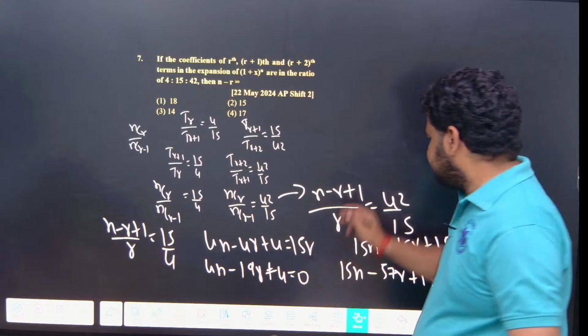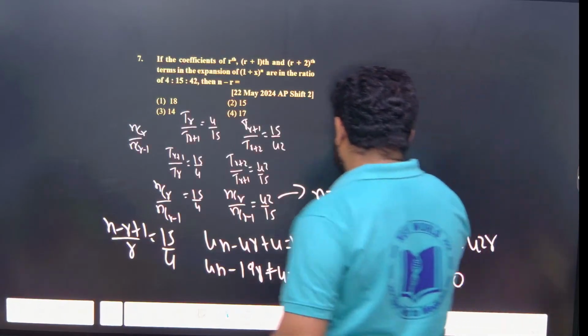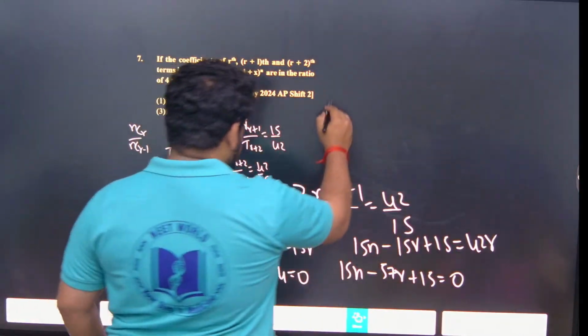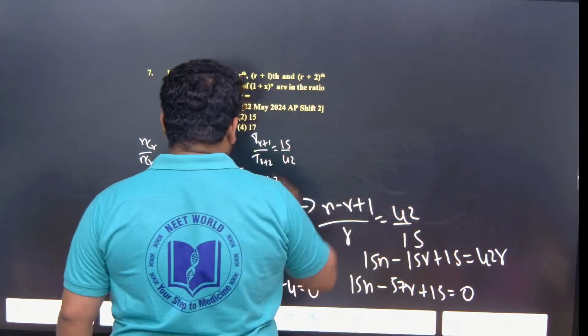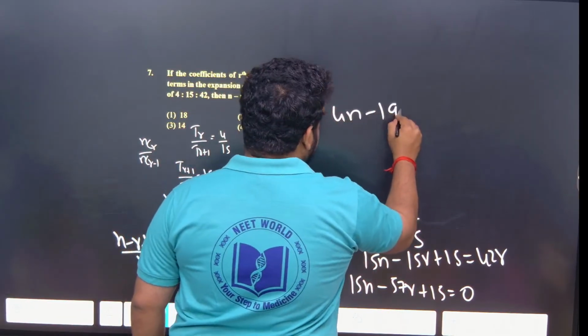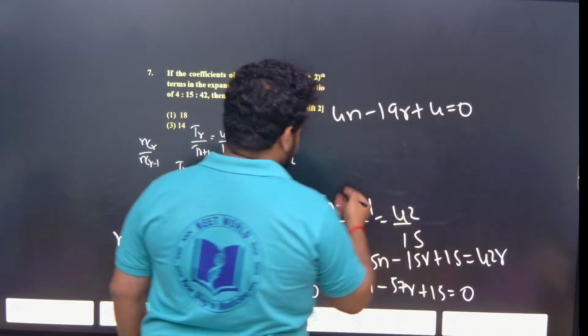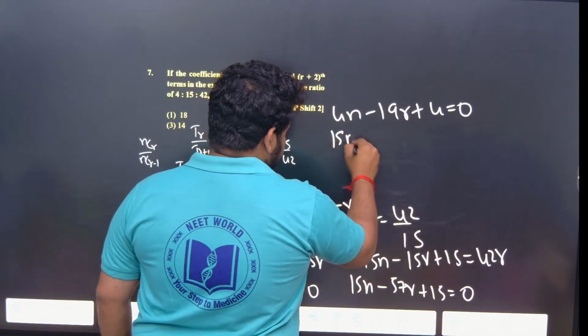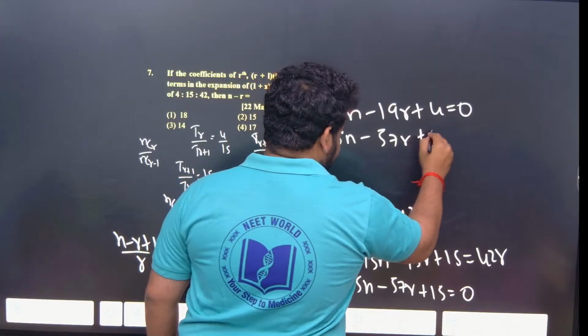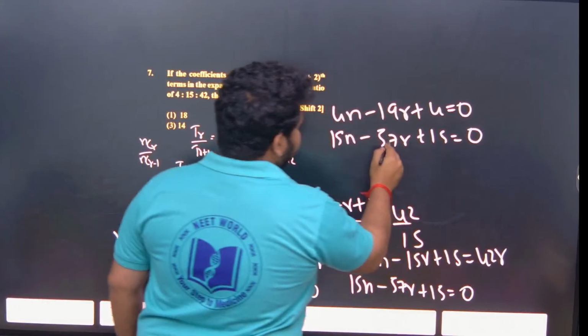See, what are the equations we are having? 4n minus 19r plus 4 is equal to 0, and 15n minus 57r plus 15 is equal to 0. 57 is there, 19 is there.